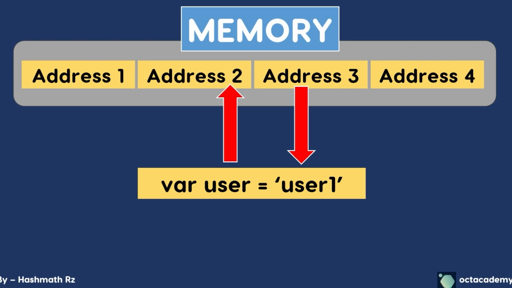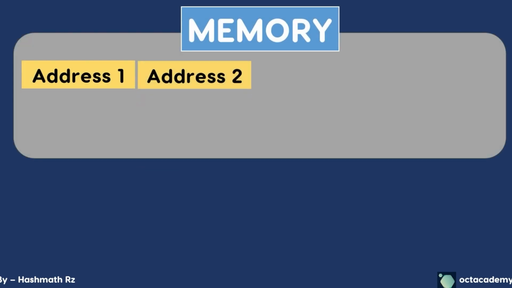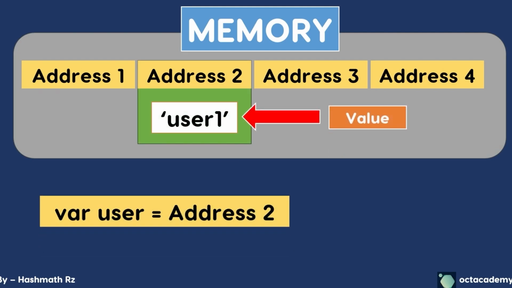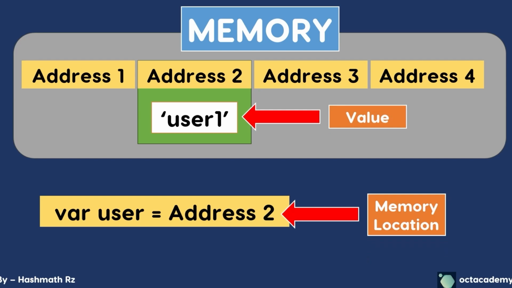When you reference a variable in your code, the JavaScript engine looks up the address of the memory box that is associated with the variable name and retrieves the value that is stored in that memory box. It's important to note that the JavaScript engine manages memory automatically, so you don't need to worry about manually allocating and deallocating memory for variables. The engine will handle that for you.